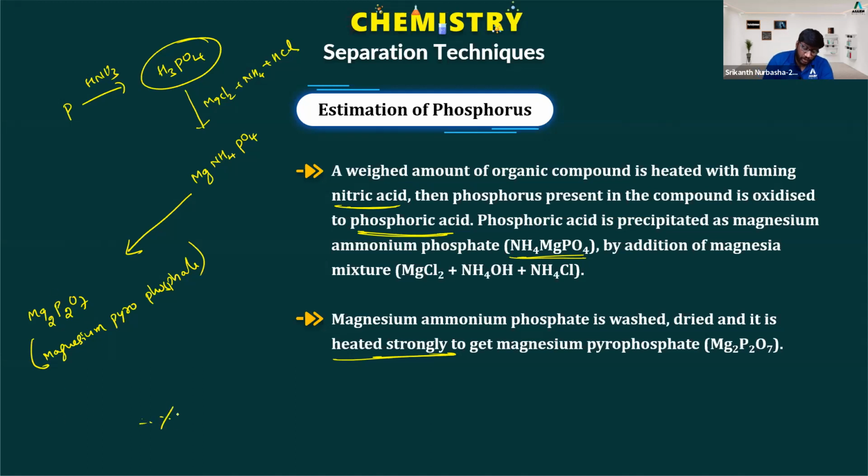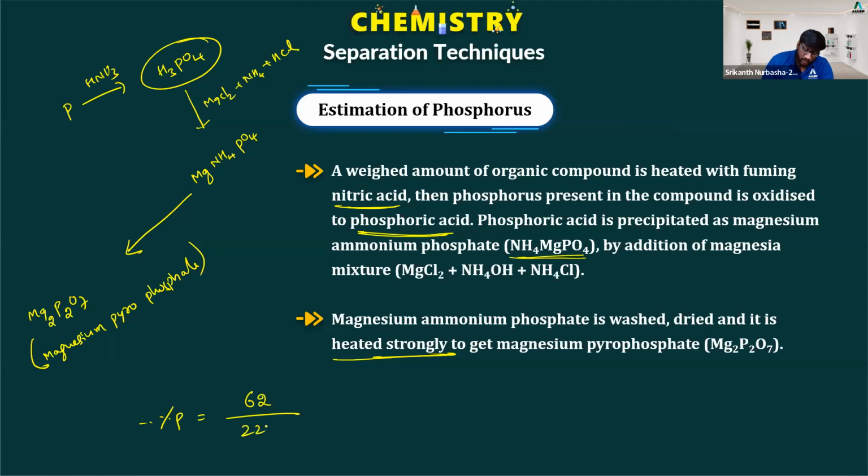Therefore, we can write the formula, percentage of phosphorus is equal to, what is the atomic weight of phosphorus? 31. But how many phosphorus atoms are there in Mg2P2O7? 2. So total atomic weight of phosphorus in this is 62. What is the molecular weight of Mg2P2O7? It will be around 222.